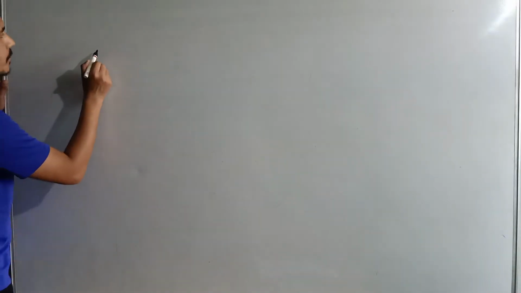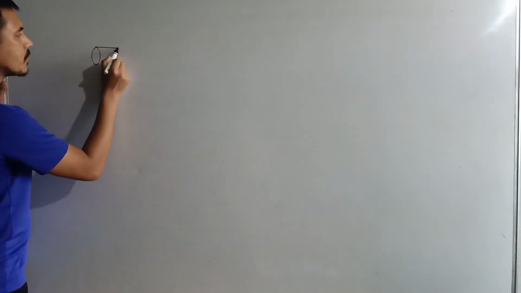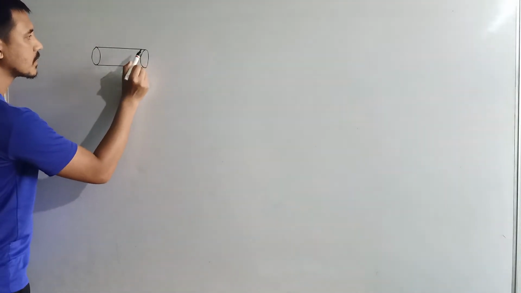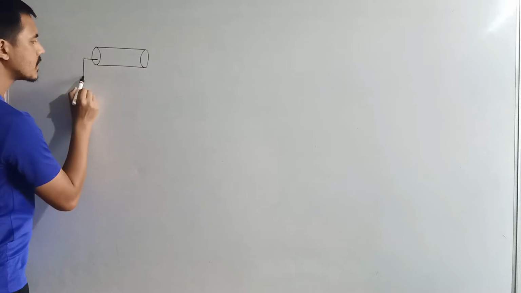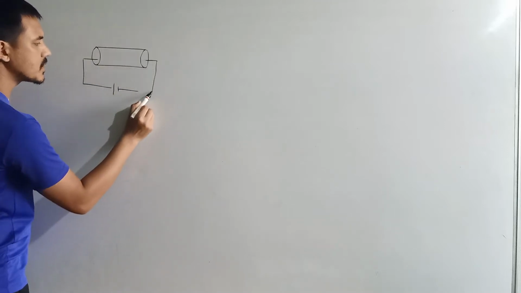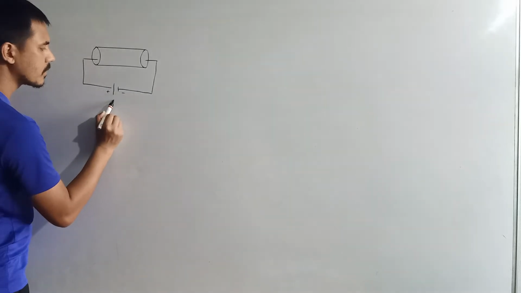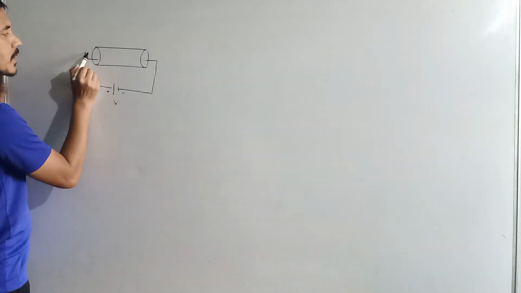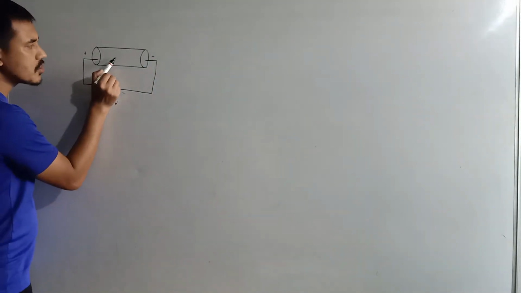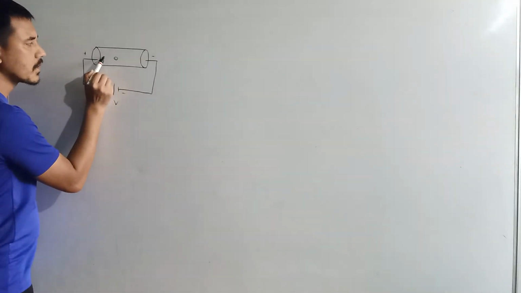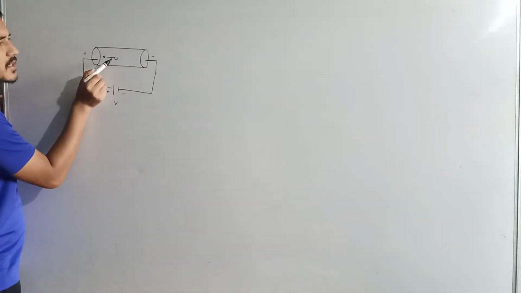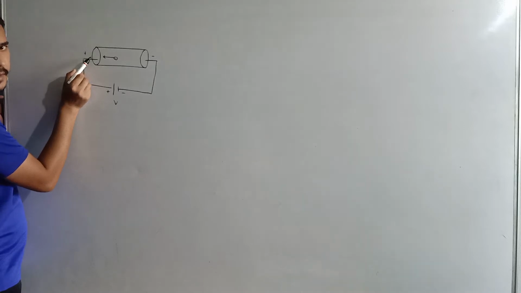Let's see. Suppose this is a conductor, and some potential is applied across the two ends of the conductor. Then the electrons of the conductor will drift towards the positive end of the conductor.